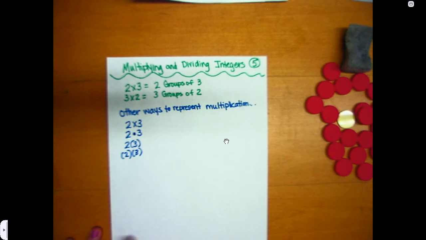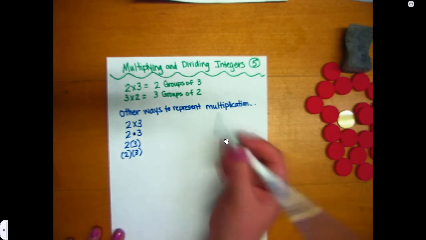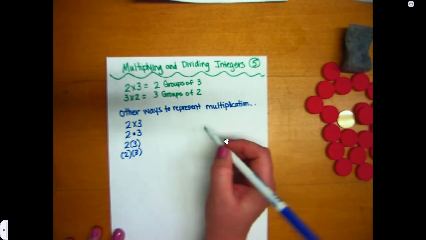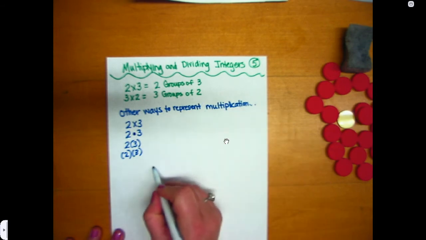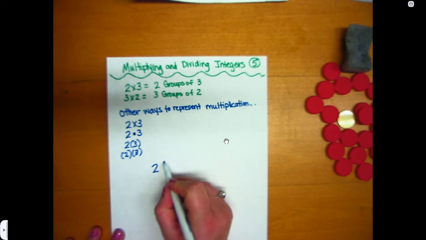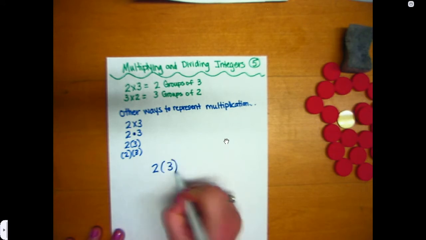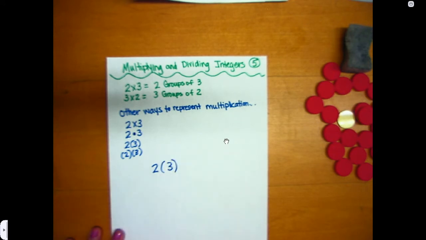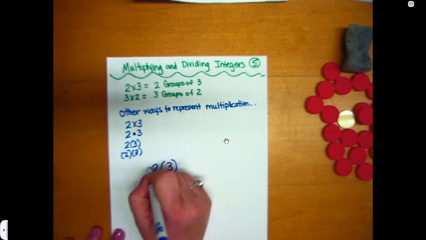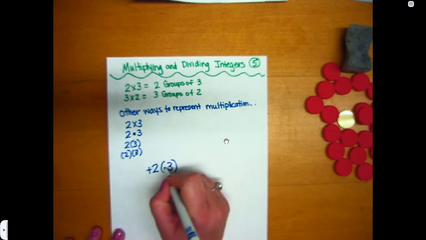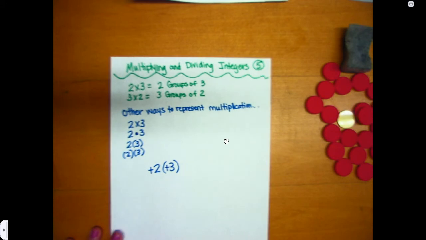So, 2 times 3. What does that mean? If we write 2 times 3, this really says positive 2 times positive 3.